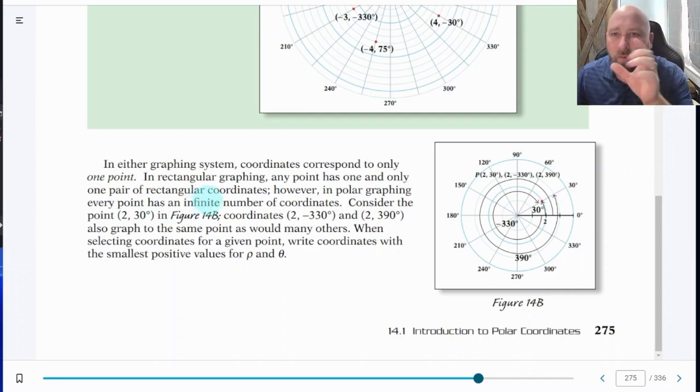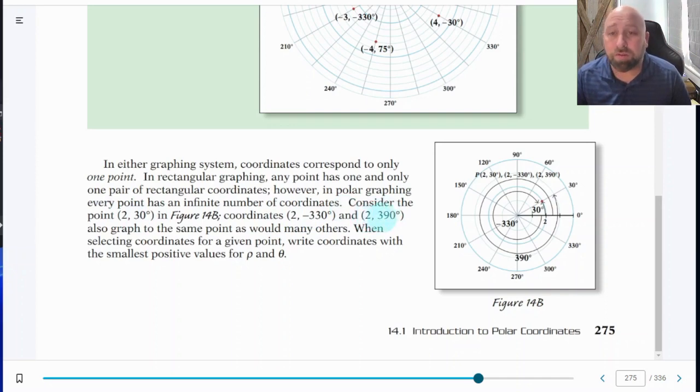But in polar graphing, we've already kind of seen this. You can have different coordinates that are the same point. 2, 30, positive 2, positive 30, is the same. It corresponds with 2, negative 330. Think about that. If I wrap it negative 330, it's going to land in the exact same spot.